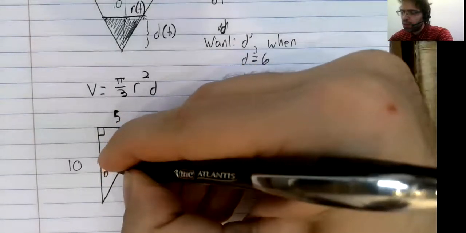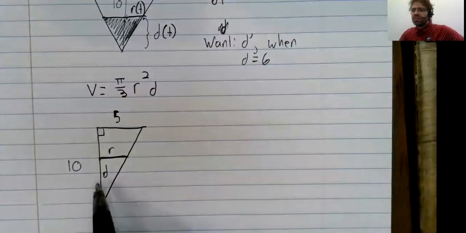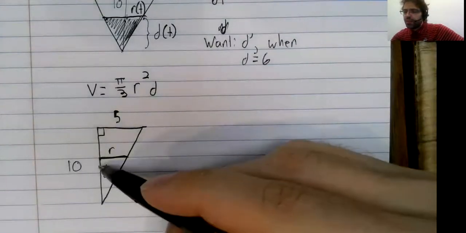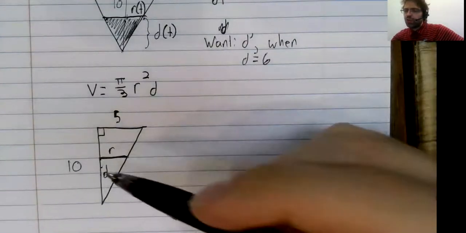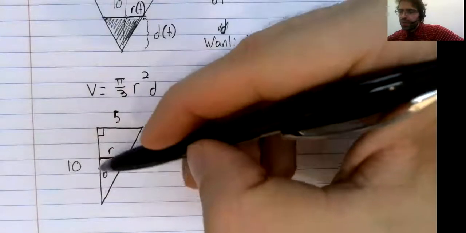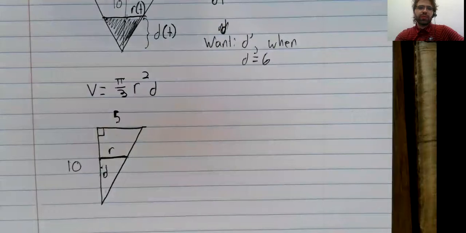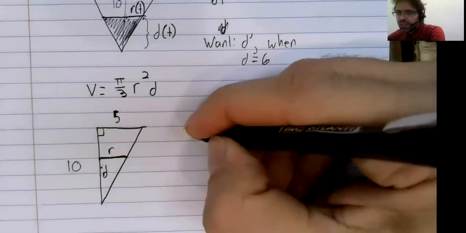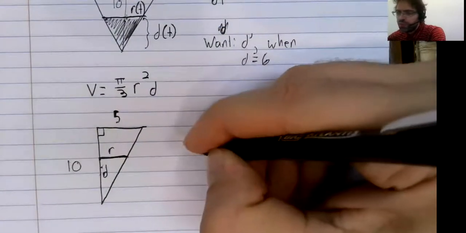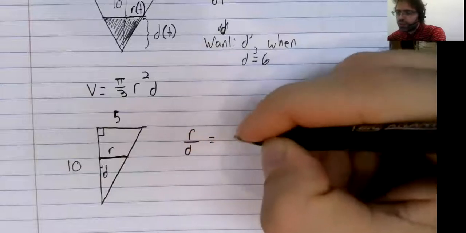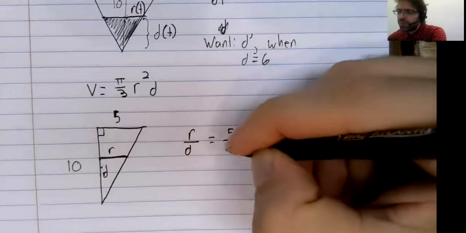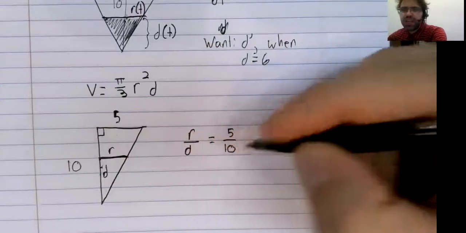Here's R, here's D. This smaller triangle and this bigger triangle are similar. And what that tells you is that the ratios of their sides are the same.